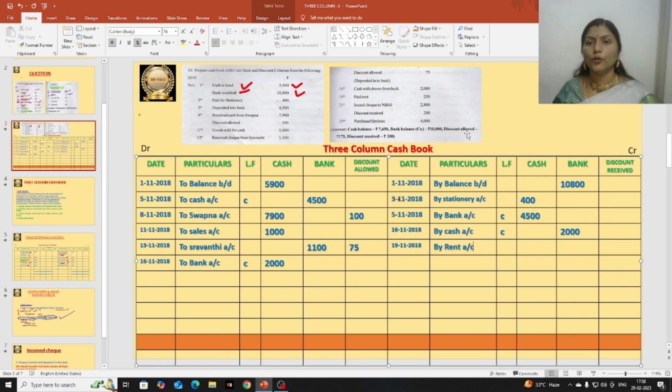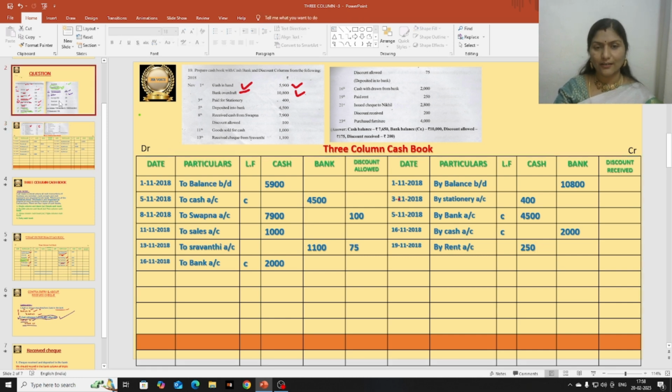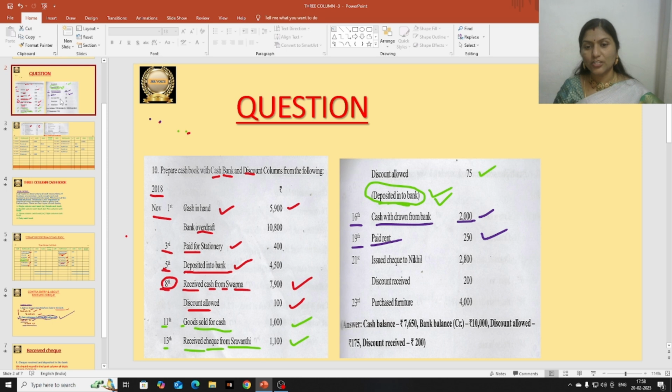Paid rent 250, they said. They did not mention whether the payment is done by check or cash. If check is not given, then we will put it in the cash column only. So cash column, how much? 250. 250 we record in the cash column. Hope this is clear. Let us go to the next transaction in the question.